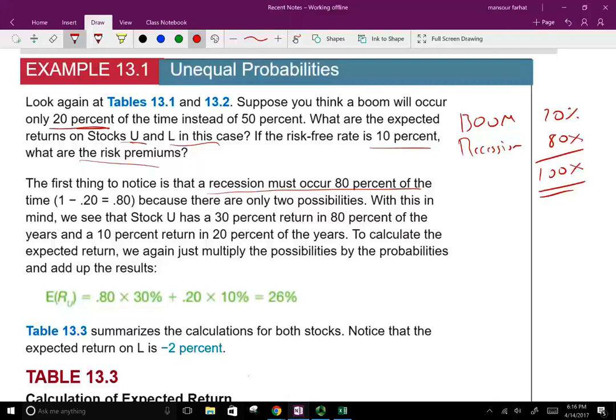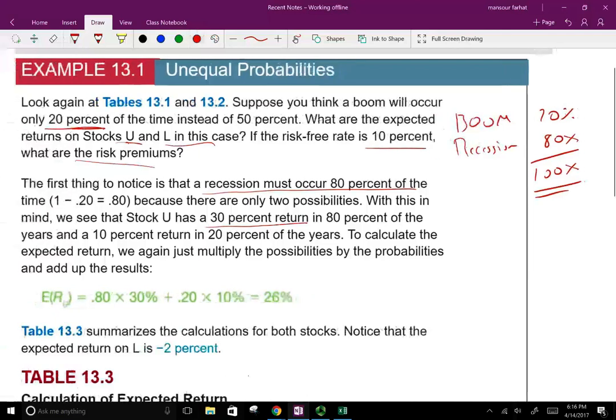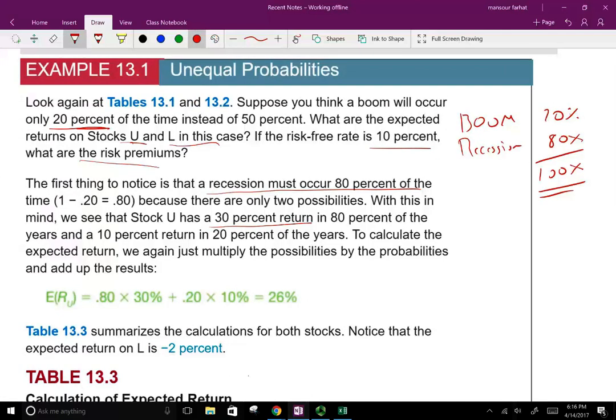With this in mind, we see that stock U has a 30% return in 80% of the time. So this is the recession, 80%. The boom is 20%.